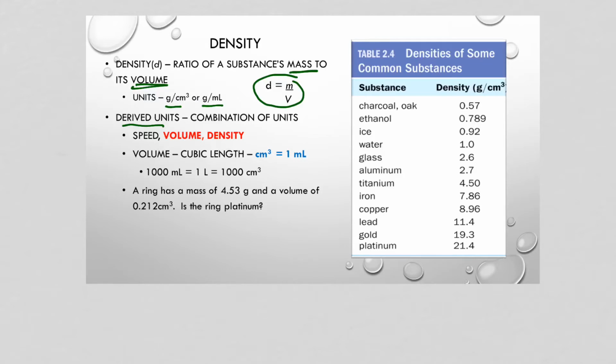Other common examples of derived units are things like speed, where we have miles per hour, and volume, which, again, is cubic centimeters. That's a more complex unit. And density is just another example of what we call combination units or derived units.